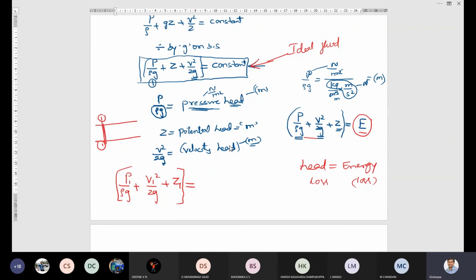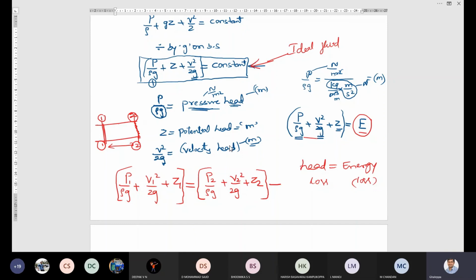Now I will take another section after some length. This is section 2. You can use the word section 2 or outlet of the pipe, whatever. So again, I will apply Bernoulli's equation at the outlet, or section 2: P2 by rho g plus V2 square by 2g plus Z2, which means the total energy available at section 2. If you write these two terms, it is for an ideal fluid.